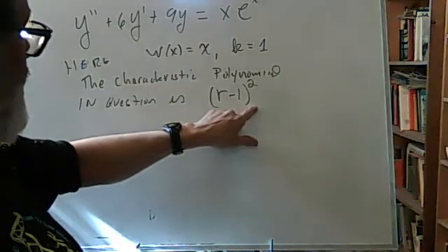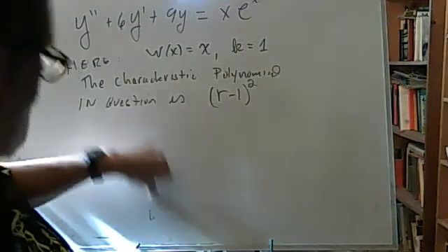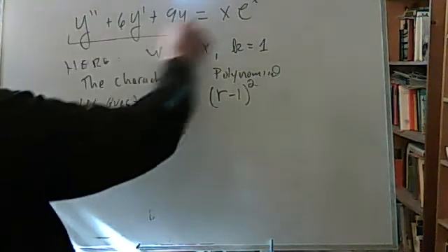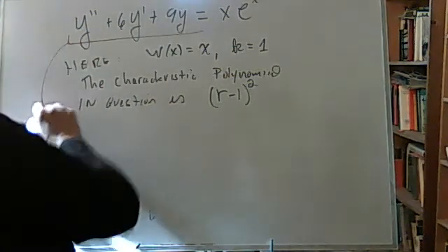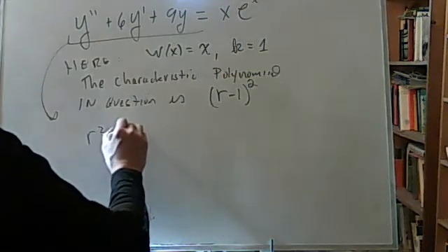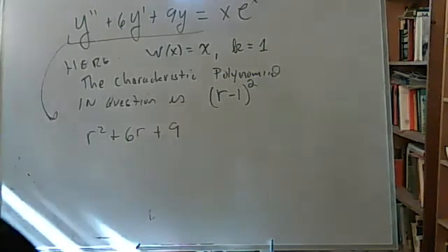On the left-hand side, the original characteristic polynomial is r squared plus 6r plus 9.